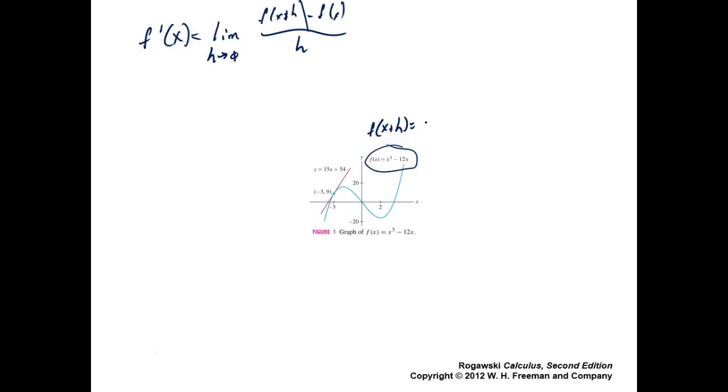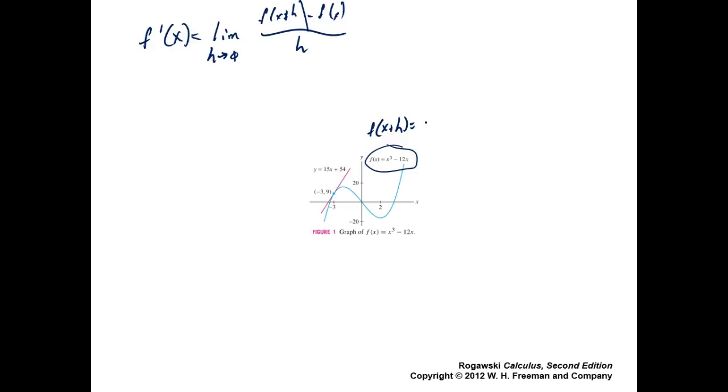What is this given f of x is this? Everywhere you see an x here, you plug in x plus h instead.